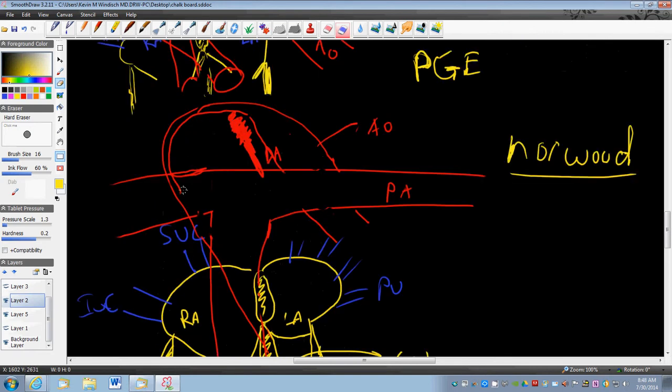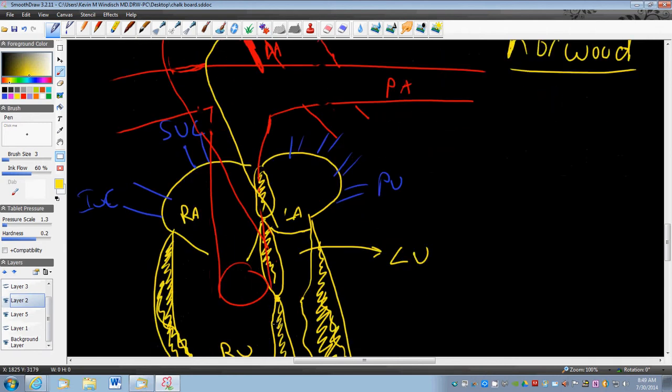This kind of thing sort of changes as technology changes. So they're going to surgically create a normal-sized aorta, what we refer to as the neo-aorta. And we're going to draw it in yellow to show that it's the augmented aorta here.